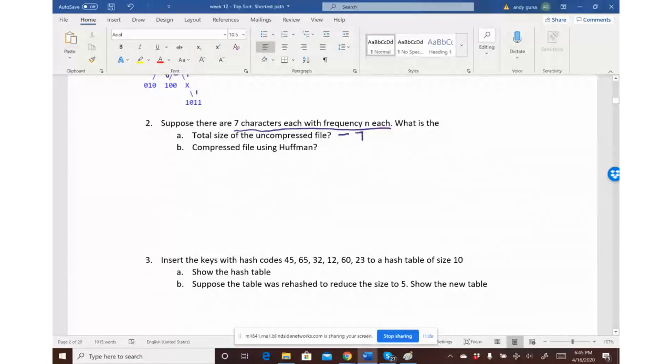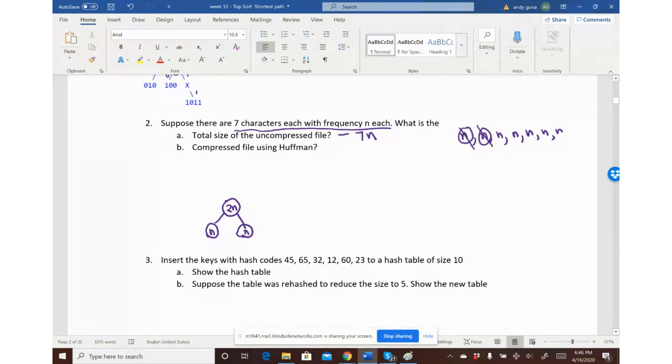So 7n without compression. Now, if you compress it, it's going to look very interesting, because what we're going to do is take the 2 lowest ones, and all of them are n, right? Because they all have equal frequency, we'll build a tree like this where the root is 2n. Originally we had 7 characters with n each in the priority queue, and now we took 2 of them out and got a new one.